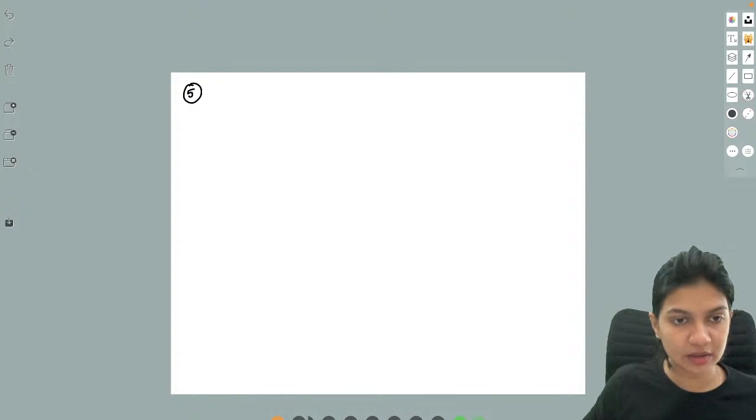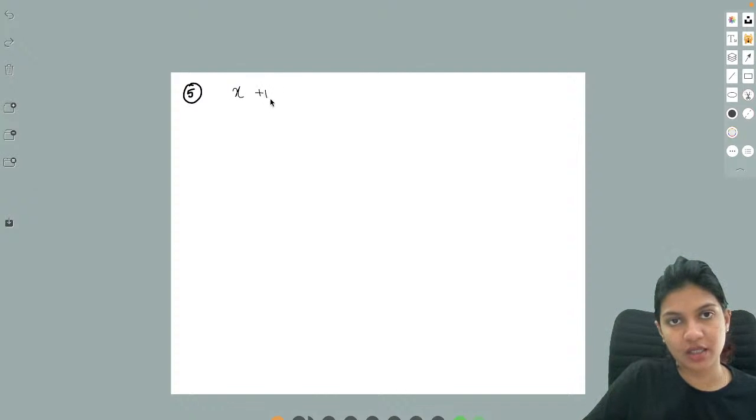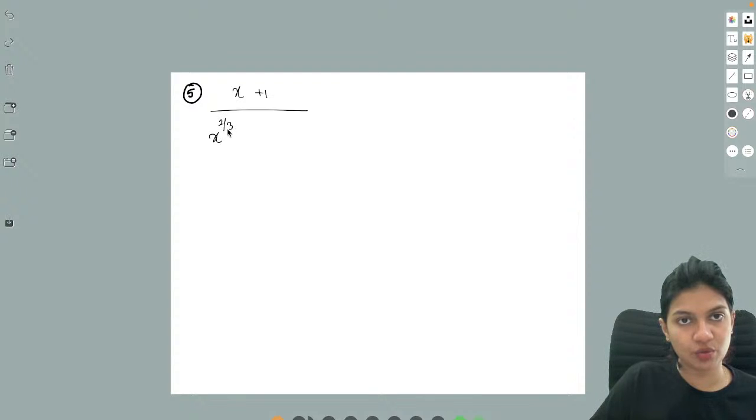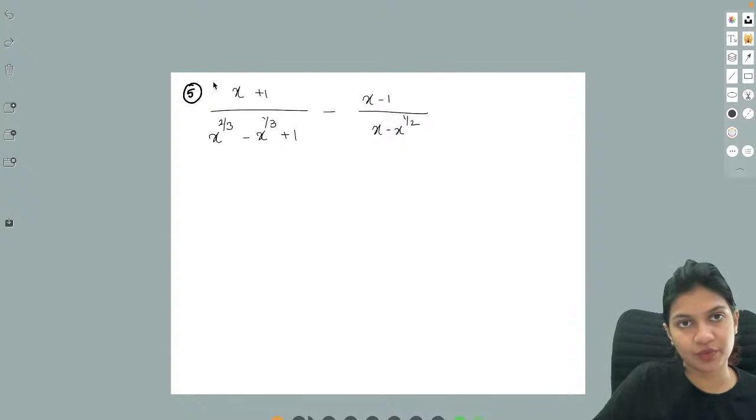Given that (x plus 1 upon x to the power 2 by 3 minus x to the power 1 by 3 plus 1 minus x minus 1 upon x minus x to the power 1 by 2) to the power of 10.